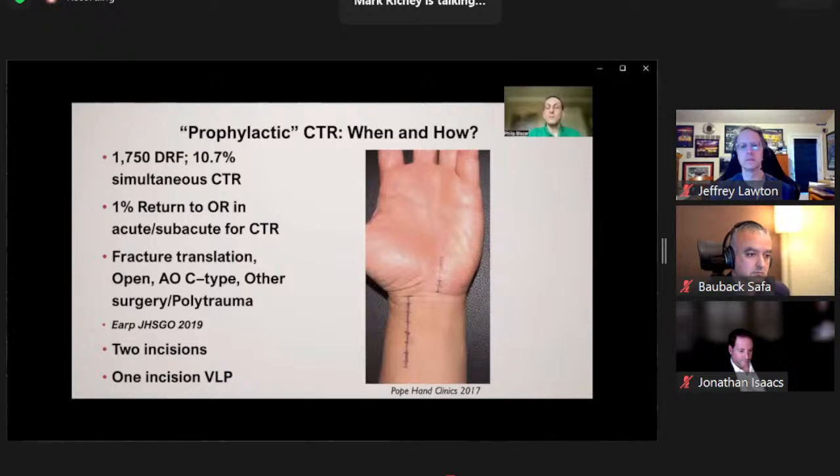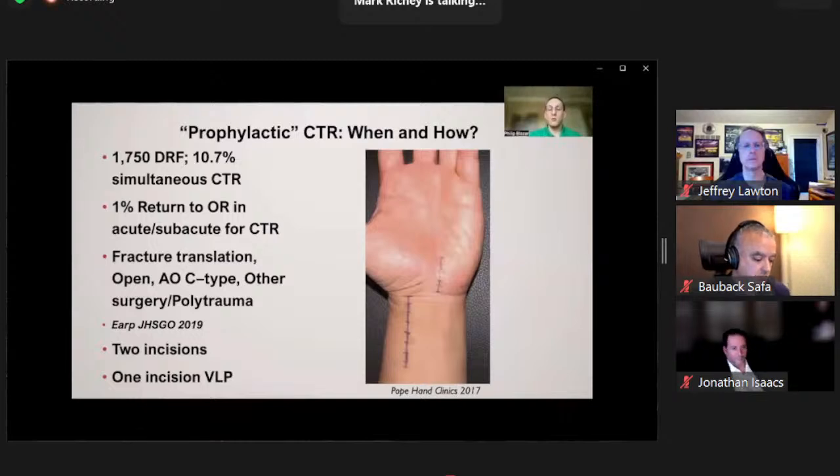When it comes to the topic of when and how do we do carpal tunnel release in association with distal radius fracture surgical treatment, our group published a study relatively recently looking at over 1,700 distal radius fractures treated operatively at 2 level 1 trauma centers. And we had almost 11% of them who had simultaneous carpal tunnel release.